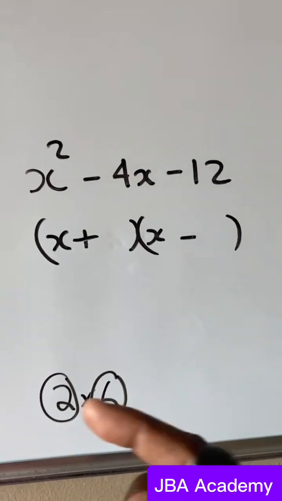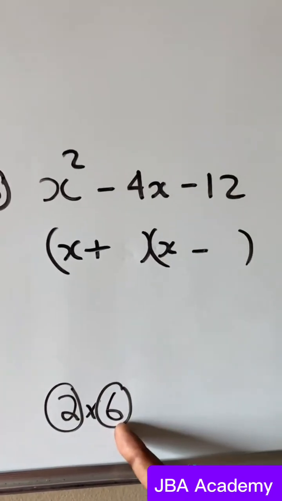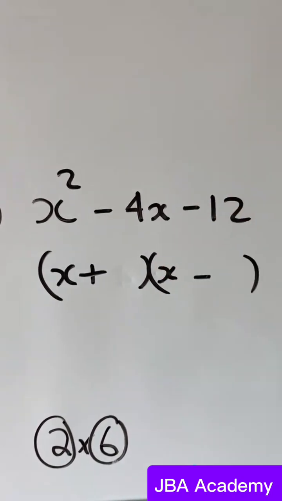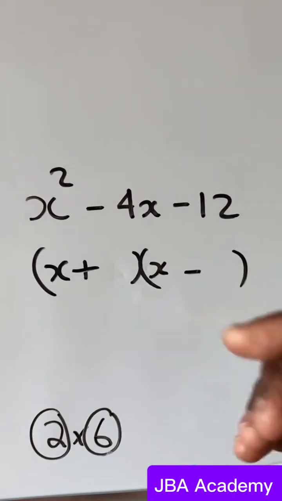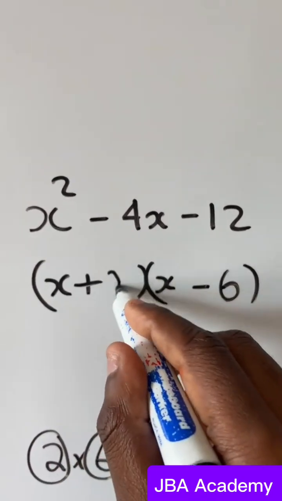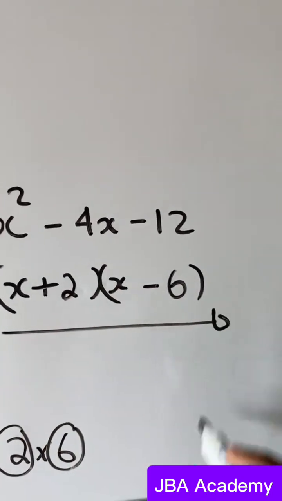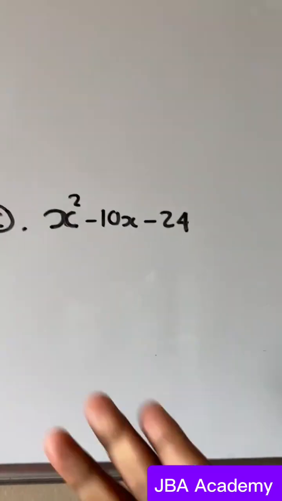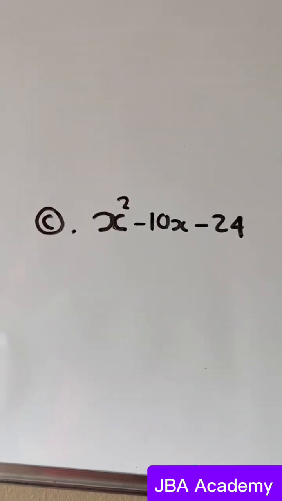One is going to be big, one is going to be small. You take the big one and put it in the sign of the middle term. What is our middle term? Negative 4. So the sign of the middle term is negative. So we take the 6 because it's the biggest factor. We put it here, and then the 2 goes in there. We just factorized it. Now, you see what I mean? So just try this one and put your factorized version in the comment section.